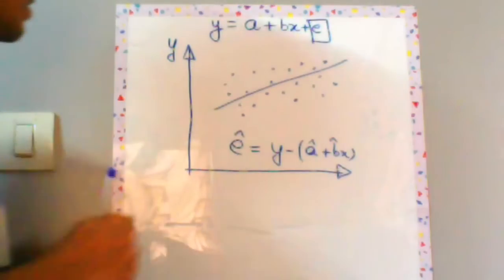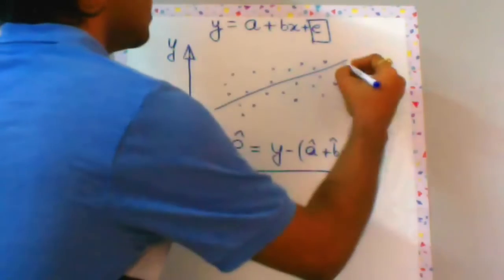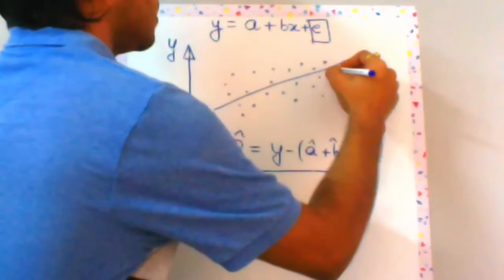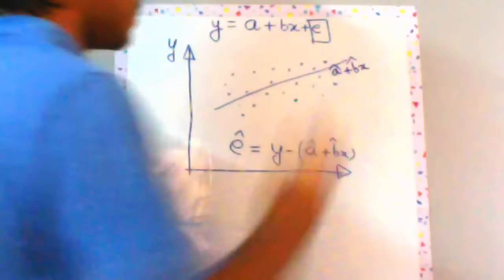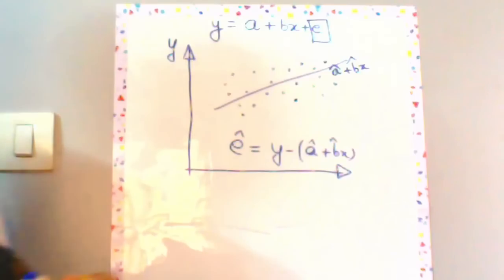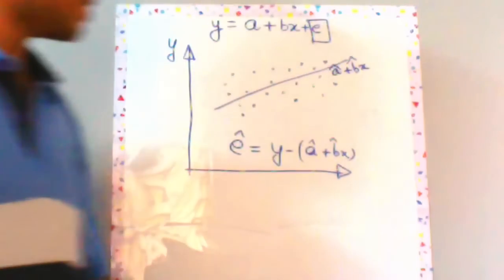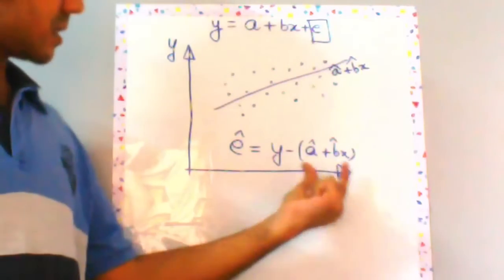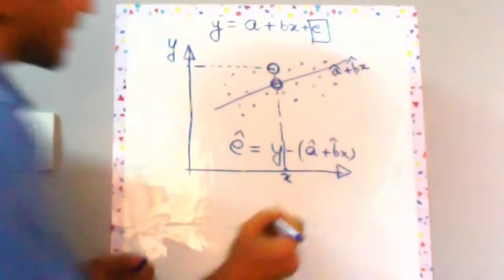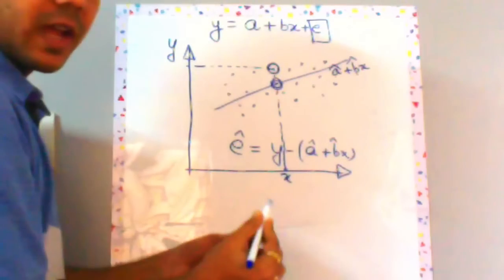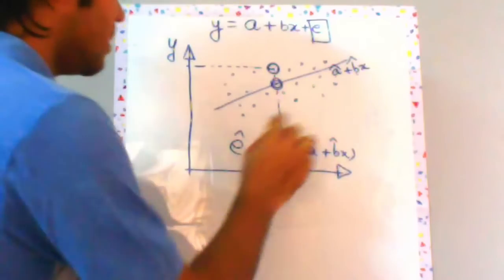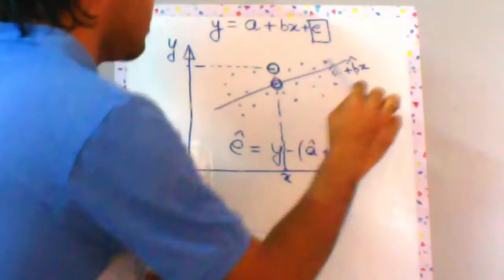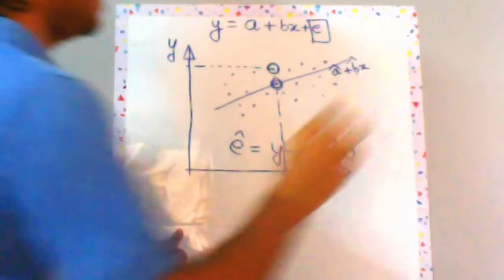Let's check that. So let us suppose this is the line a hat plus b hat x. So if this is our line of best fit, what is y minus this thing? So take any point x over here and do a construction. The dotted line meeting this line of best fit will give you a hat plus b hat x.